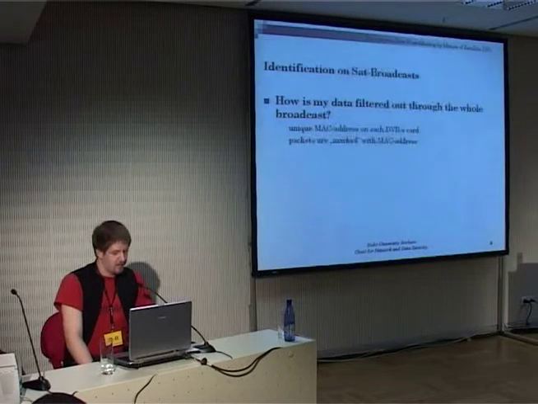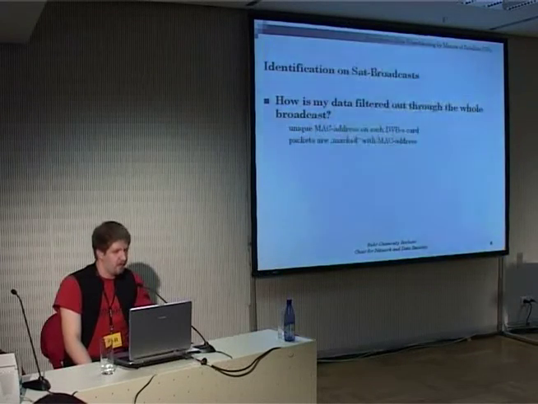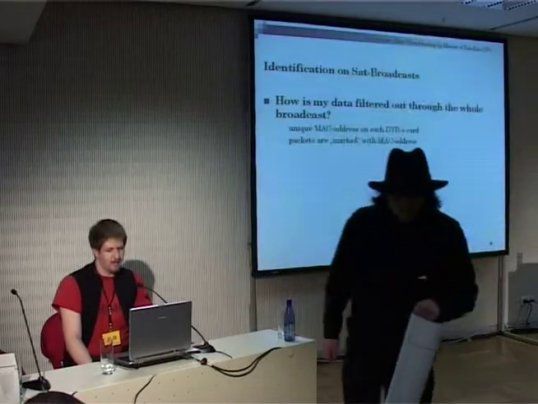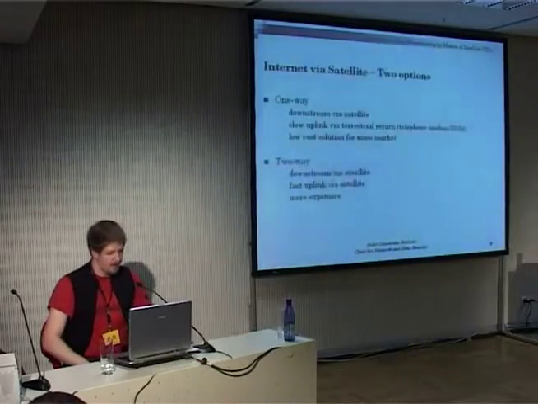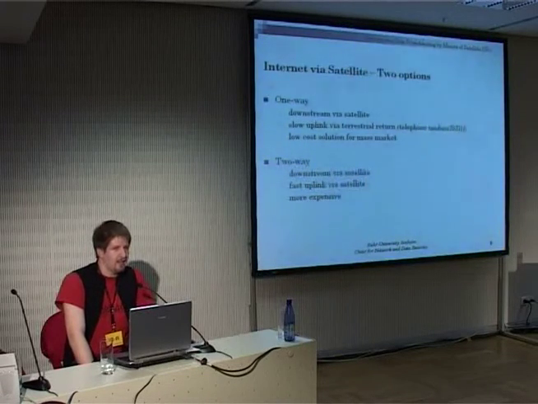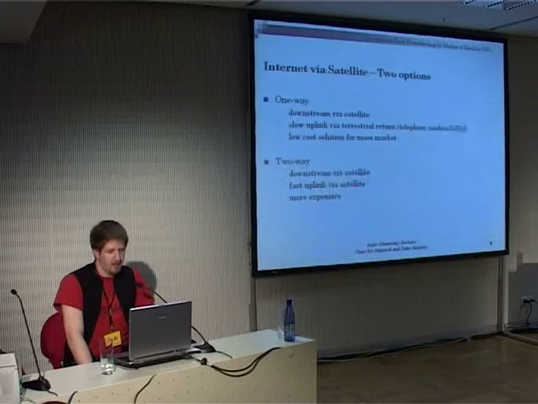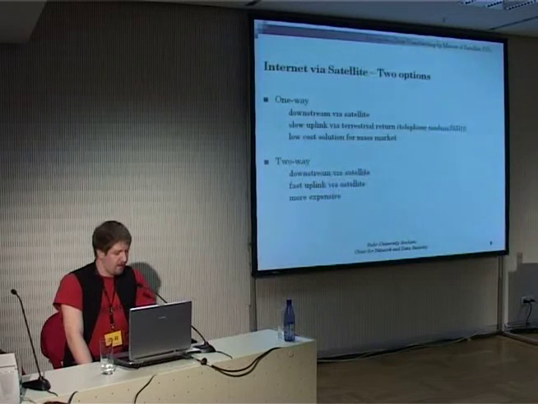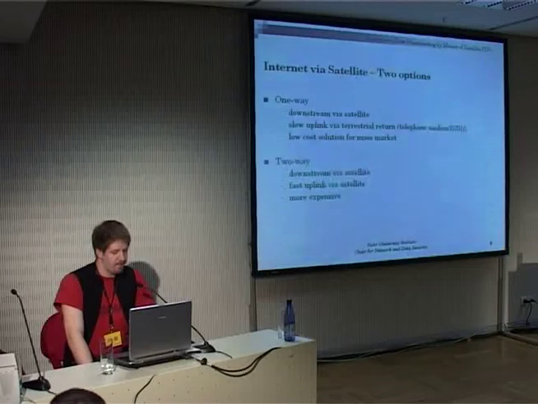There are two kinds of internet via satellite which must be differentiated. The first form is the one-way variant. In this one, the satellite only handles the downstream to the user, with the outbound data traveling through a terrestrial return, mostly a telephone modem, taking care of the low bandwidth traffic from the user to the ISP.